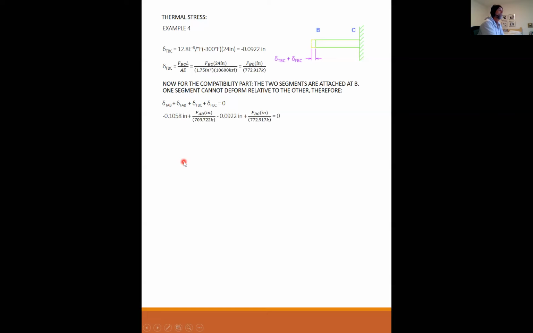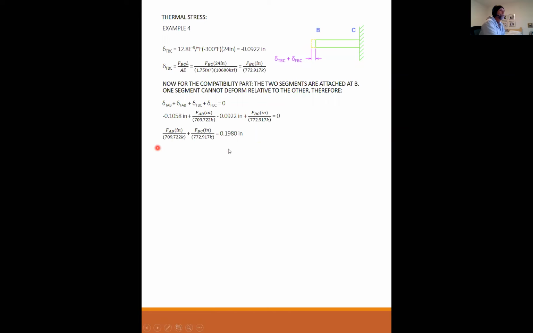Now that I know this, I can say that the negative deflection, the shrinking due to temperature, plus the expansion due to FAB, minus the temperature change due to temperature in BC, plus the stretching due to force in BC, all equals 0. Then I can consolidate this, putting all the known numbers on the right-hand side and my variables on the left-hand side, like so.